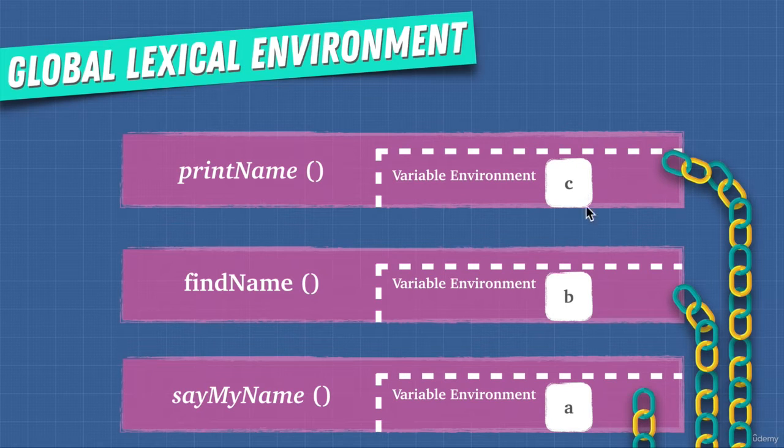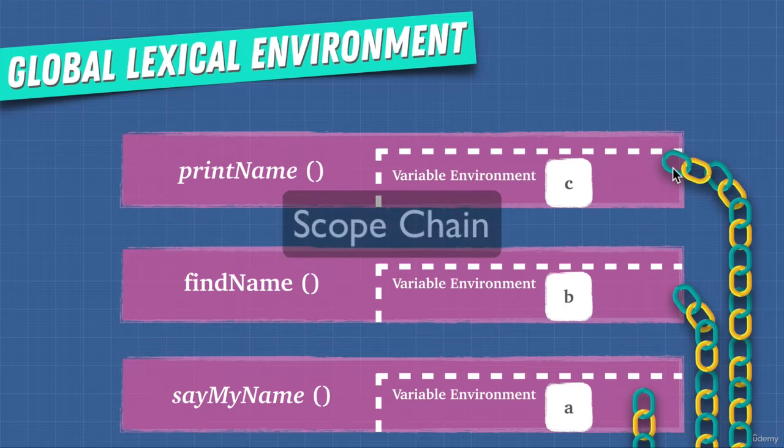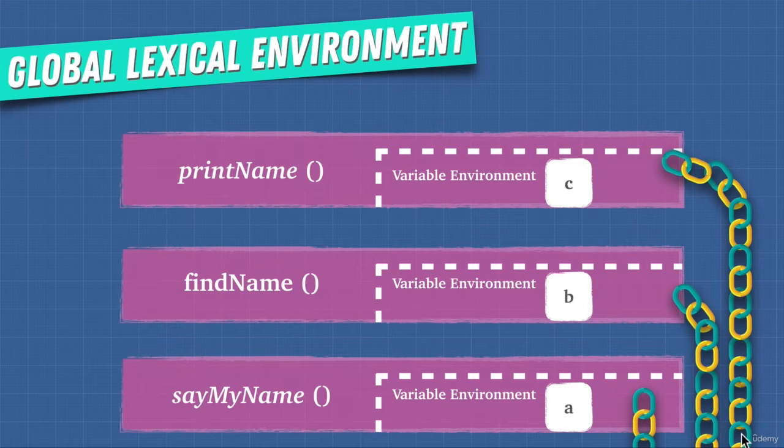They have access to each their own variables, but they also have this little link, what we call a scope chain. And this scope chain links and gives us access to variables that are in our parent environment. In this case, the global environment.